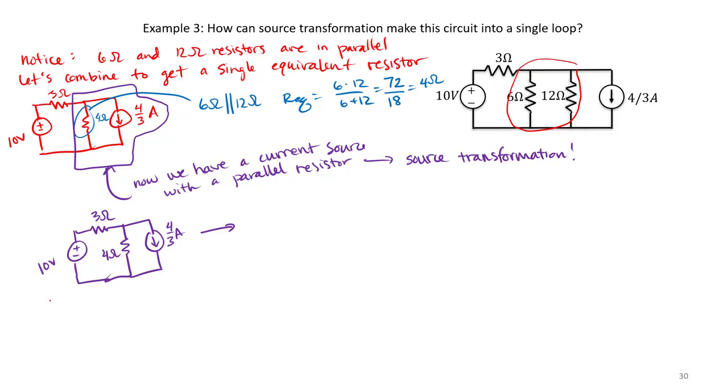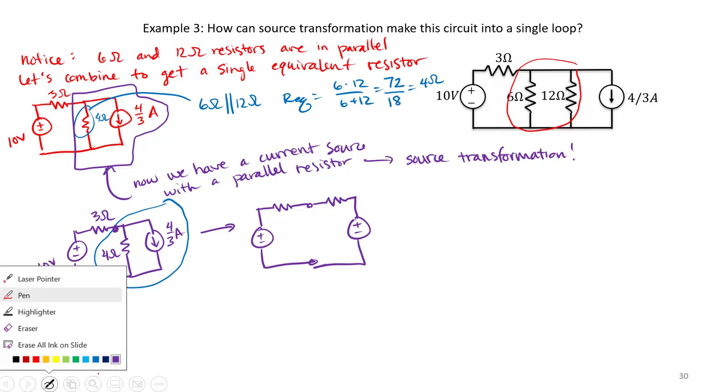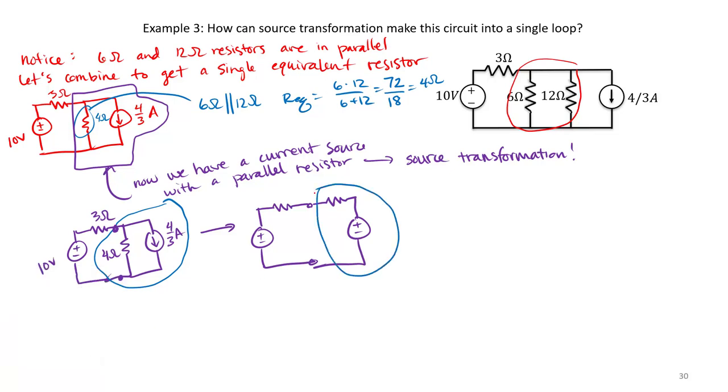We can take that current source and parallel resistor and change it. So again, if we just consider that portion of the circuit, we can change that circuit to a voltage source and series resistor.